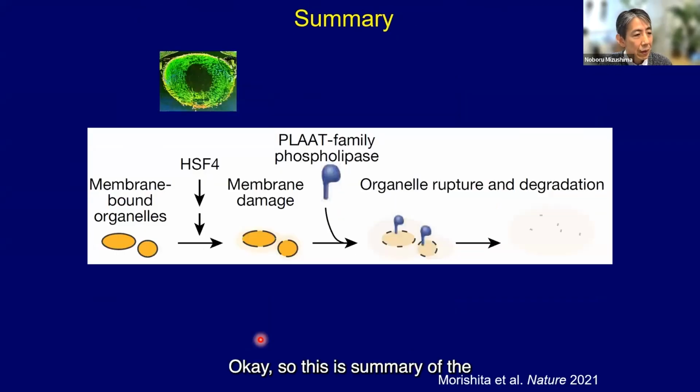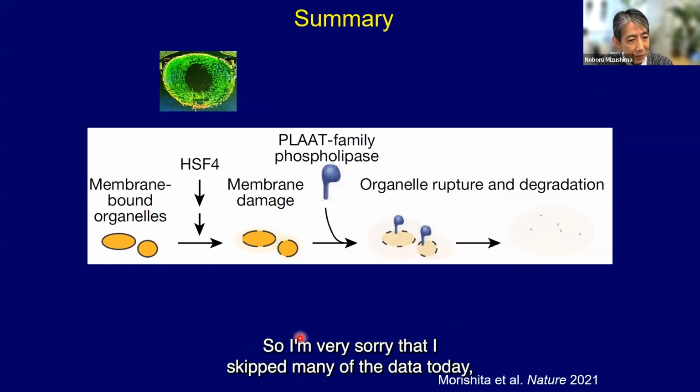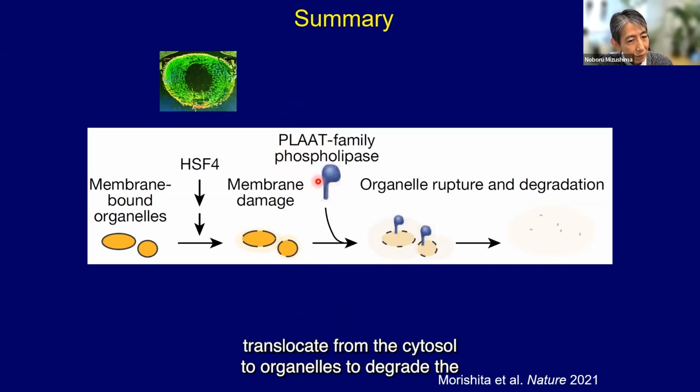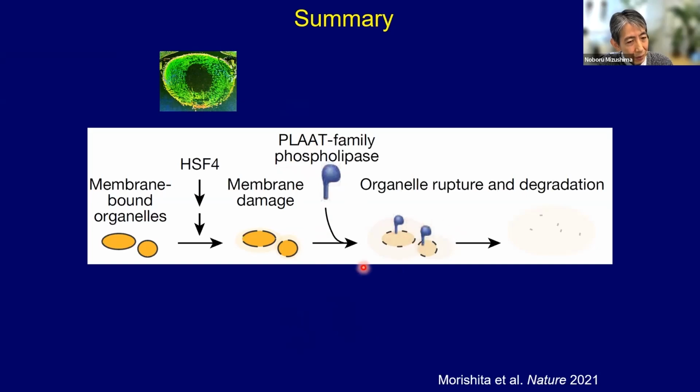So this is a summary of this part. I'm very sorry that I skipped many of the data today, but let me just summarize. PLAT1 family phospholipases translocate from the cytosol to organelles to degrade their membranes.